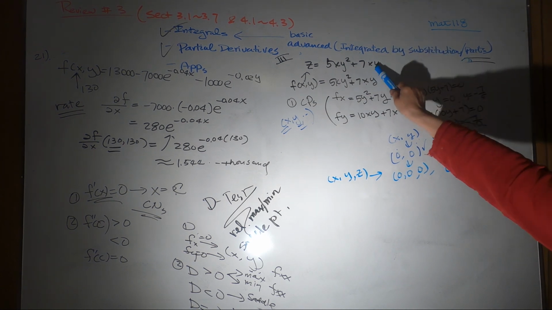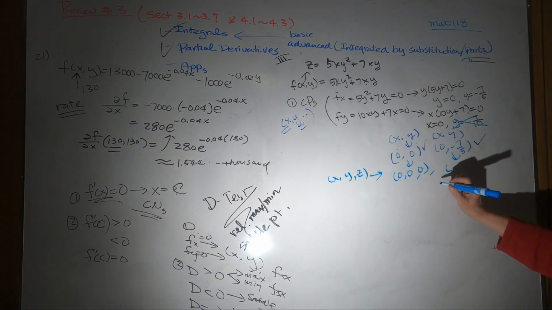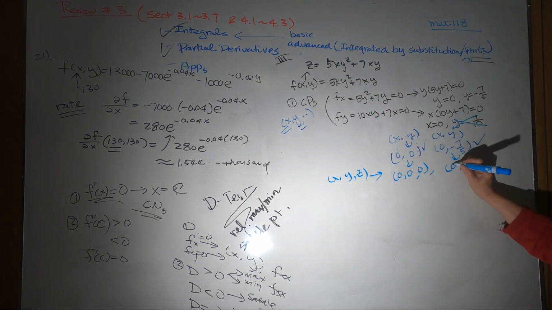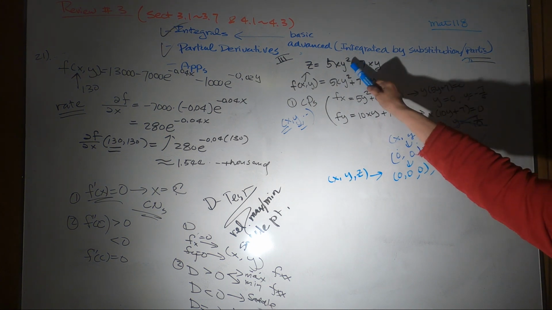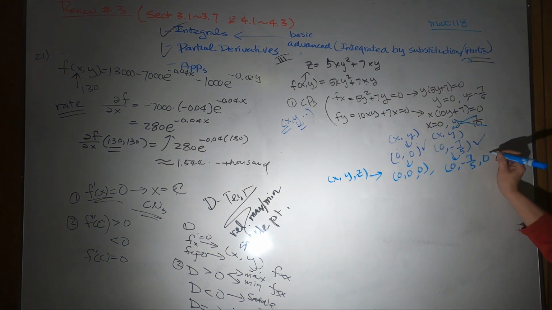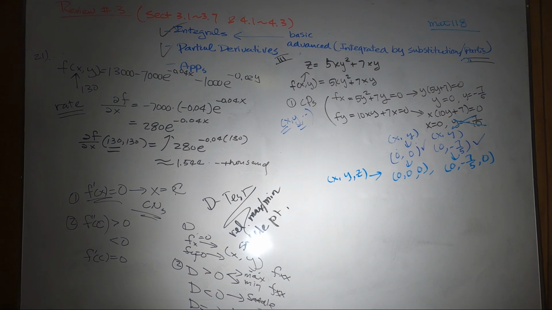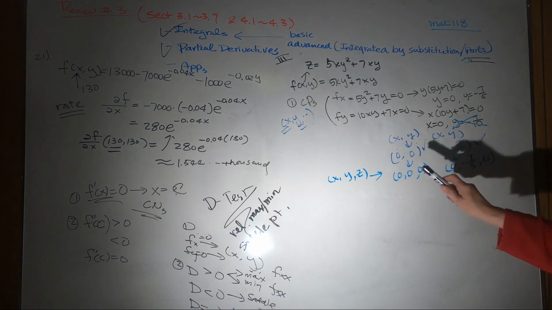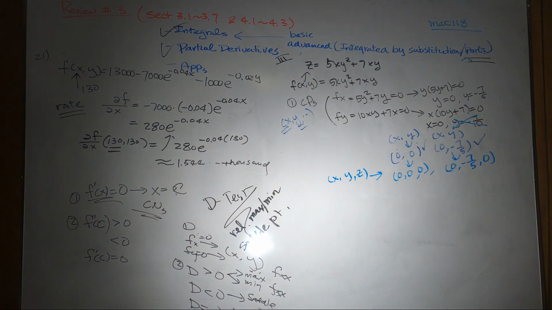You plug in here, right? So that would be x is 0, y is negative 7/5. You plug in, z is still 0. Those are the critical points we are talking about for the three-dimensional world. It's x, y, z, right?